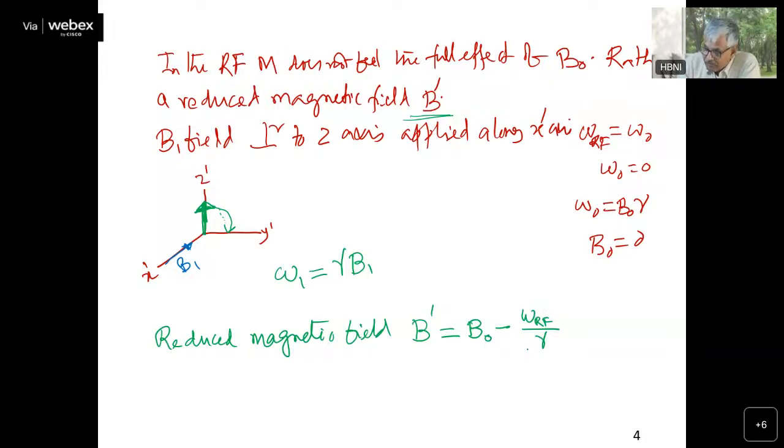So this part is called a fictitious field, and that originates due to the relative motion of the coordinate system.